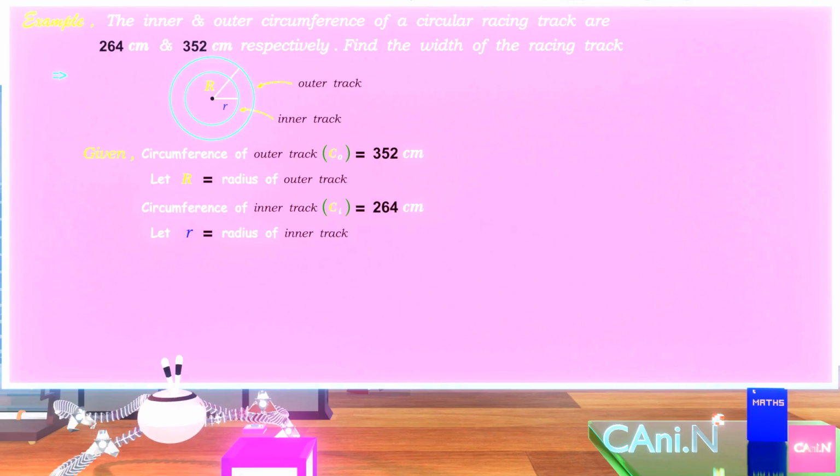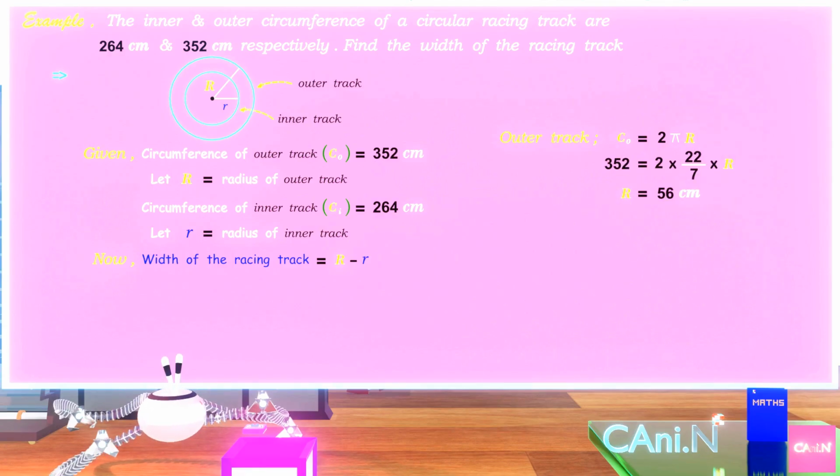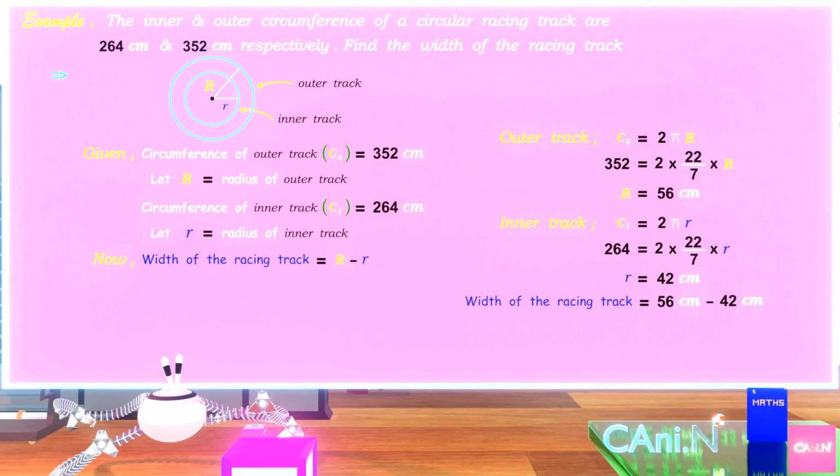Let r equals radius of inner track. Now, width of the racing track equals radius of outer minus radius of inner track. Circumference of outer track equals 2 pi r. Radius of outer track equals 56 centimeters. Circumference of inner track equals 2 pi r. Radius of inner track equals 42 centimeters. Therefore, width of racing track equals 14 centimeters.